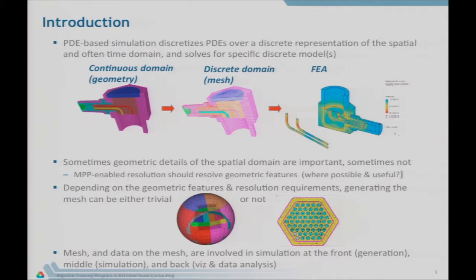This is a mesh guy talking, but mesh and data on the mesh are involved in the simulation at the front end in mesh generation during the analysis, because that's what the analysis uses to get an idea of the discrete model. And they're also relevant on the back end because that's the basis for visualization and data analysis. So when you're dealing with a mesh, you're kind of touching the whole scope of the simulation process.